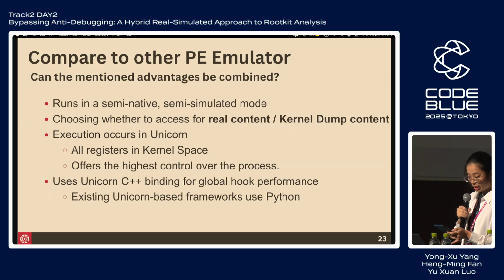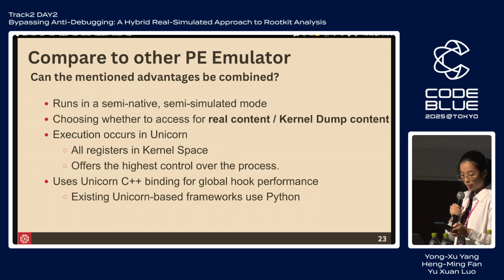After seeing the advantages and disadvantages of different kinds of rootkit analyzing methods and emulators, Shadowfeathers and HeroBurger wondered if they could create an emulator that combines the mentioned advantages and also fixes the disadvantages at the same time. After researching and developing, they propose a hybrid, semi-emulated, semi-native approach using Unicorn, enabling access to real parameters within an emulated environment.